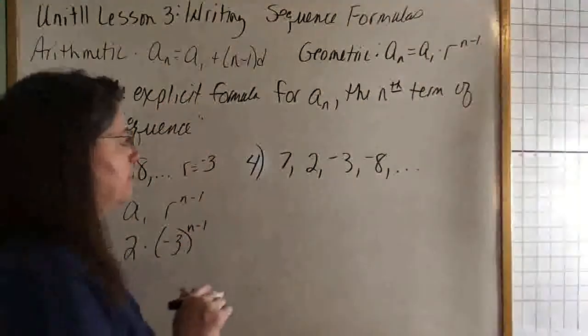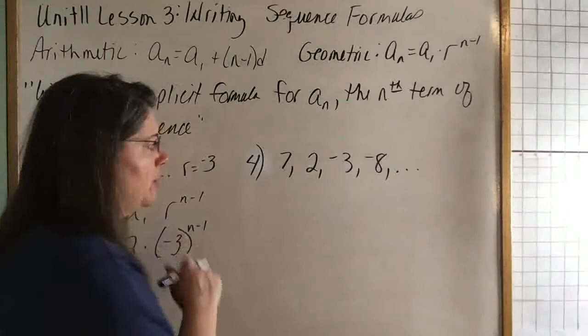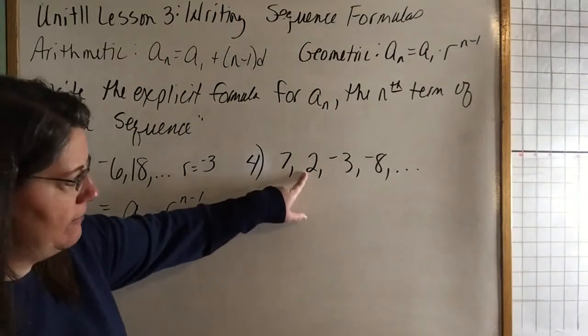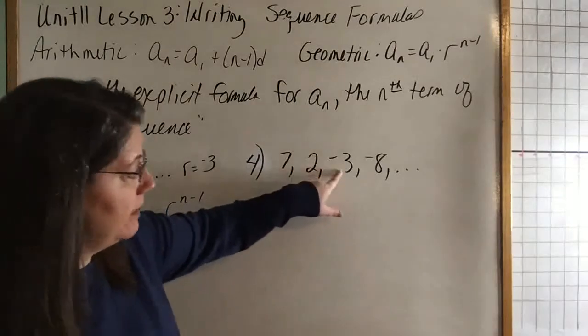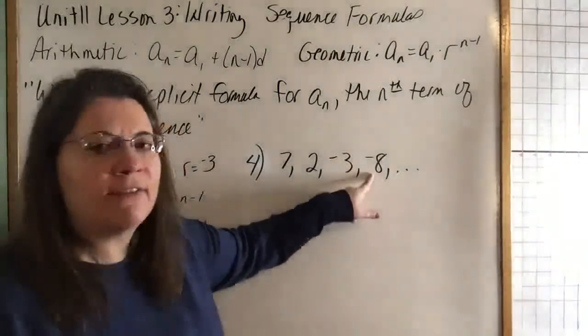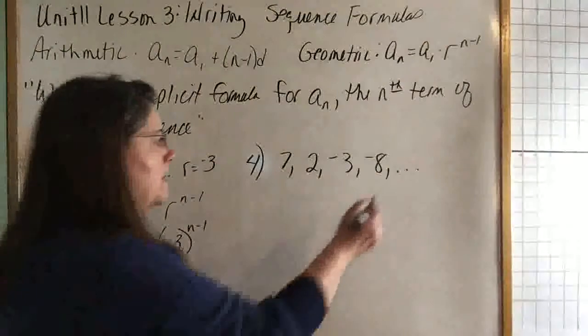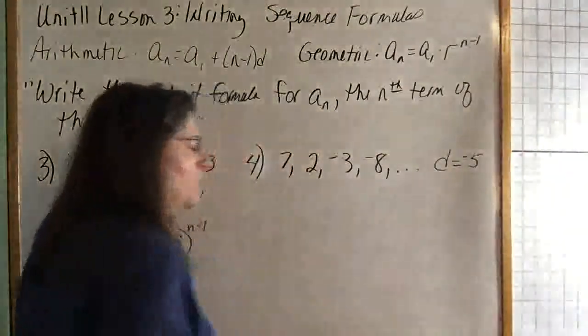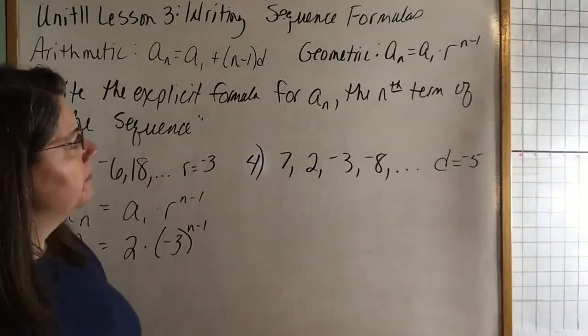In the next one, is it arithmetic or geometric? Well, to go from 7 to 2, I'm subtracting 5. 2 minus 5 is -3. -3 minus 5 is -8, so it is arithmetic. So that means my D value is -5 because we subtracted to get to the next number.